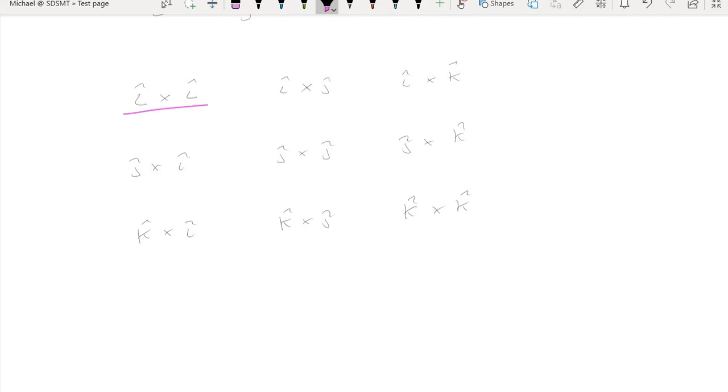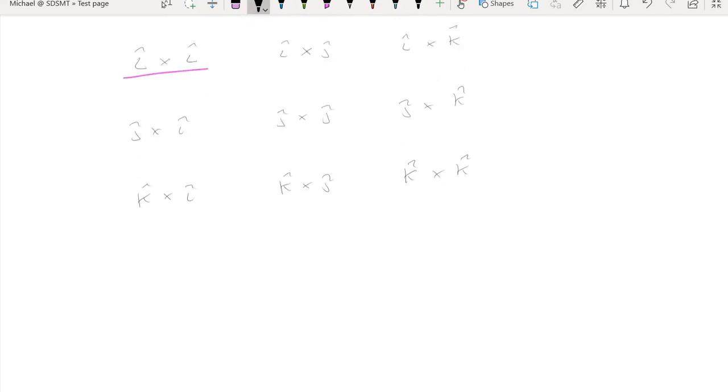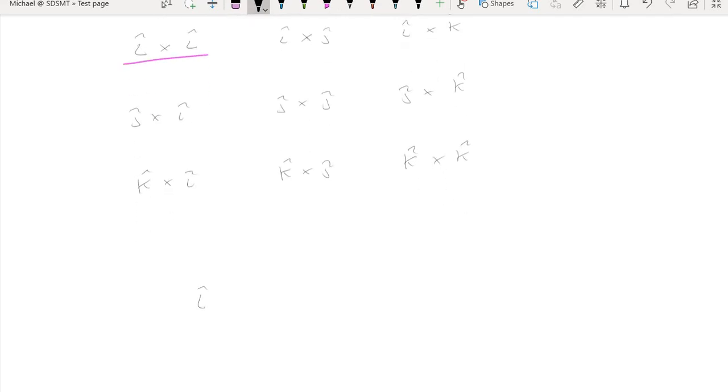So, first evaluation, i cross i. You have 2 vectors that are in the x direction. So when you go to evaluate a cross product, remember that there is a sine relationship waiting to be evaluated.